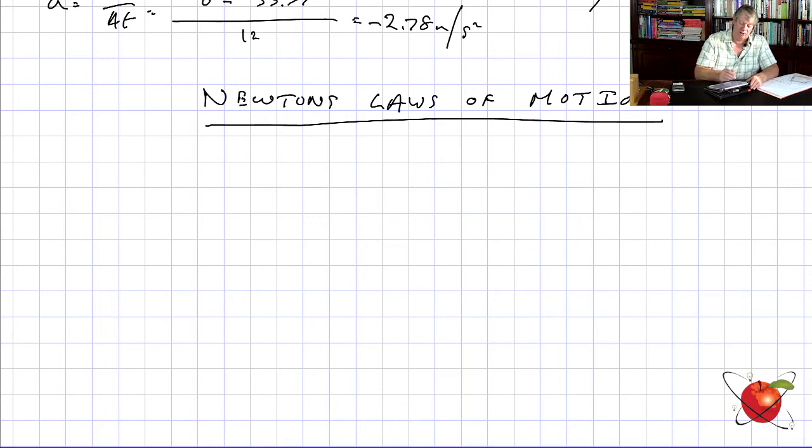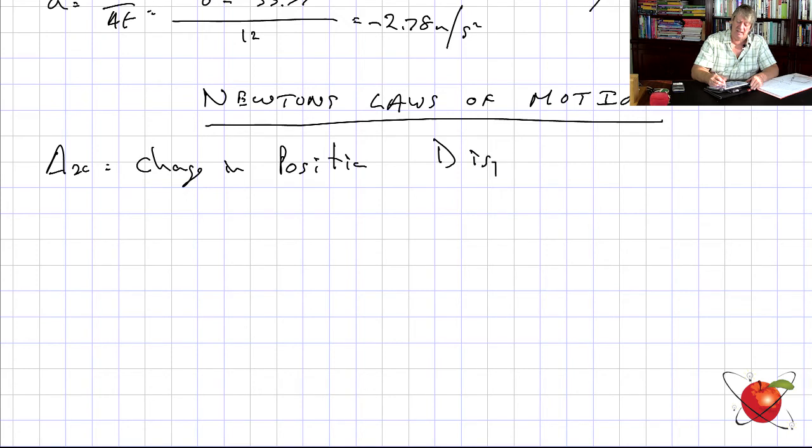In Newton's laws of motion, first of all, delta x is the change in position, which is change in displacement. Vf is final velocity.